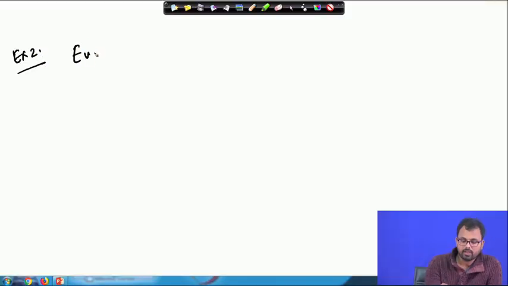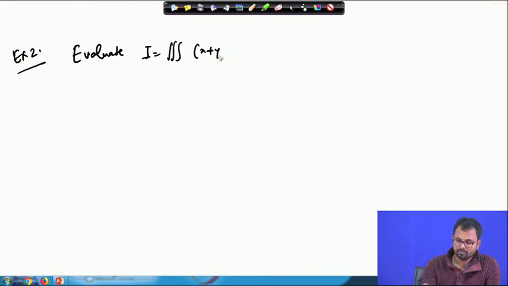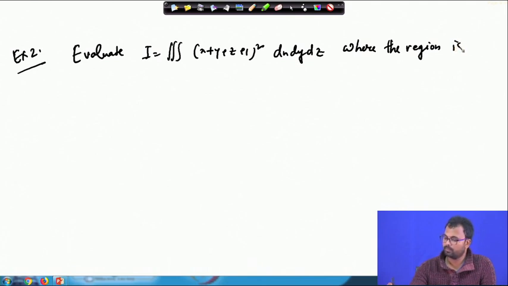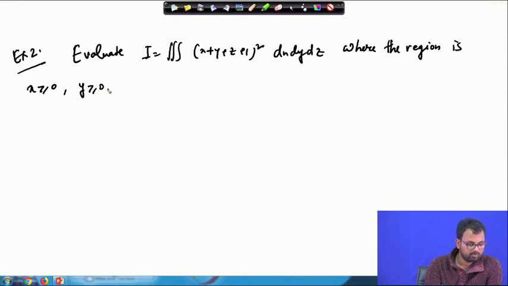Here it says evaluate the integral of 1 over (x plus y plus z plus 1) whole square dx dy dz, where the region is x greater or equal to 0, y greater or equal to 0, z greater or equal to 0, x plus y plus z less or equal to 1.